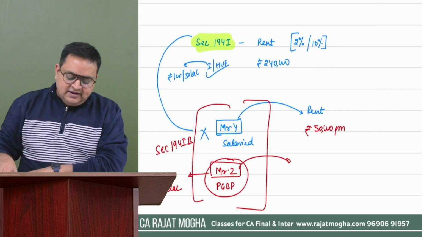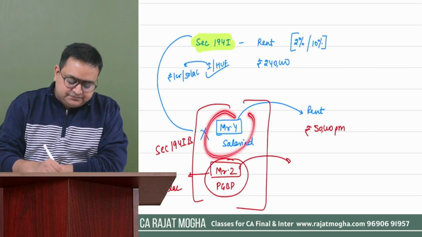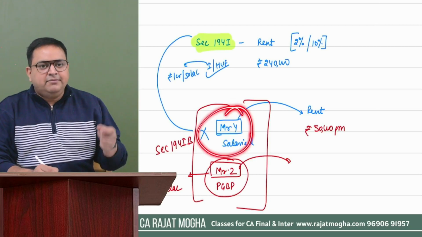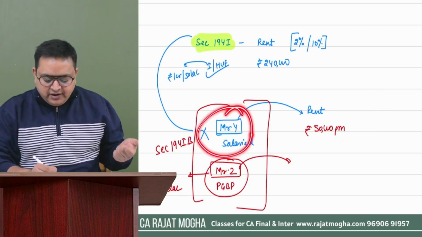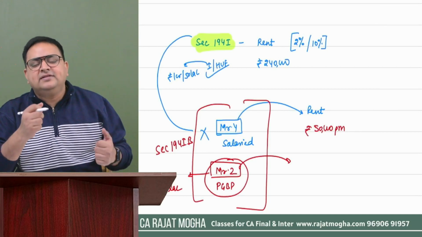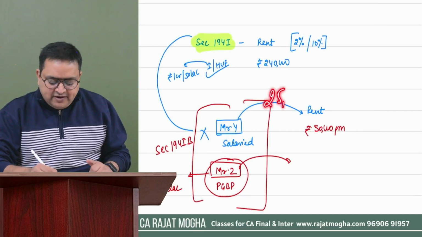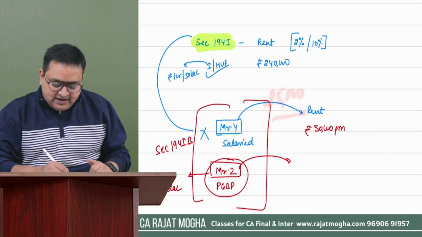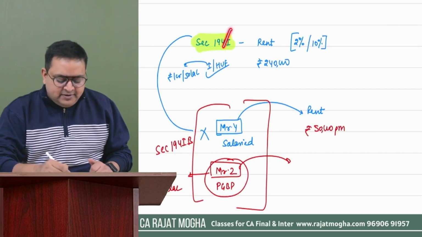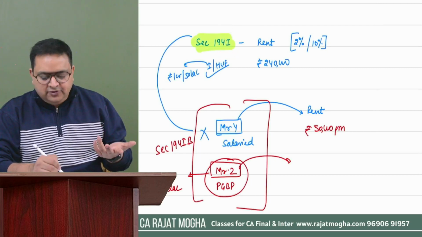So let's say there is Mr. Y, a salaried employee. He is having his office in Bangalore. He's working in Bangalore and he's paying his house rent, which is just 20,000 or 25,000 rupees. Whether he can come under section 194IB, the answer is no. Whether he can come under section 194I, the answer is simply no, sir. He's a salaried employee.